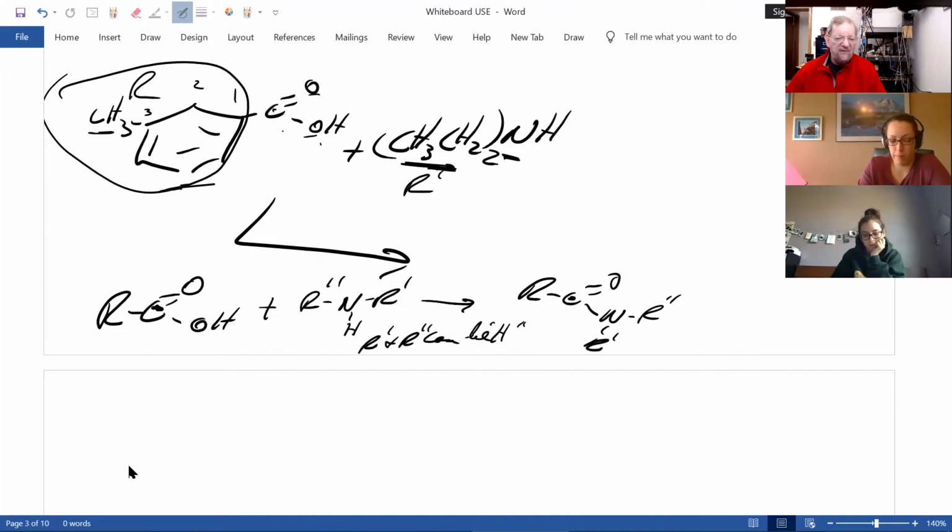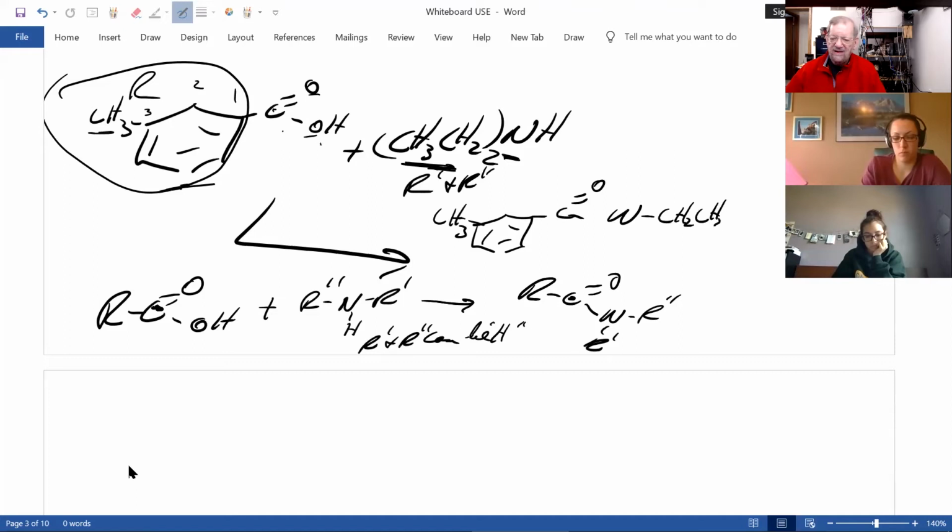I'll call this R prime and R double prime. And if I draw it, I'll draw my benzene ring, my R group. Carbonyl. What's on my nitrogen? My two ethyl groups.